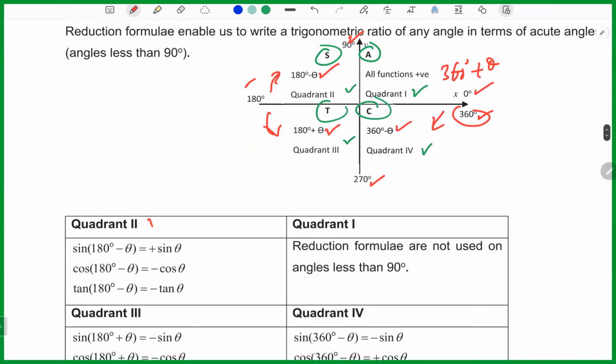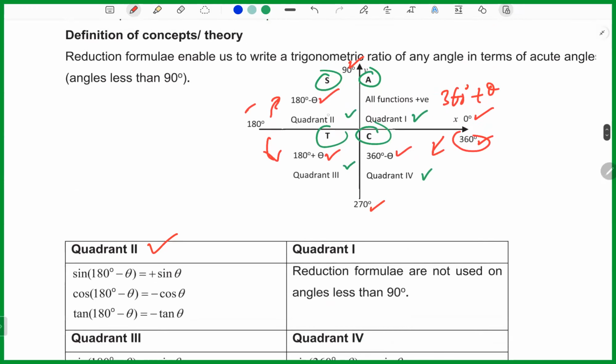In quadrant 2, for example, we have 180 degrees minus, so we can take the sine, cosine, the tangent of each of those. Like the sine of 180 degrees minus theta. According to the CAST rule, it's only the sine that is positive.